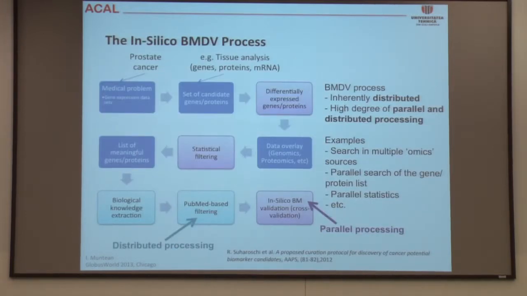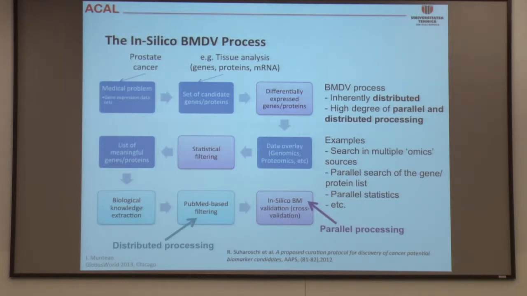This is what the in silico biomarker discovery and verification process looks like. At first you have a medical problem, and now the task is to find out which biomarkers are relevant for this particular medical problem. If we take the prostate cancer example, you usually conduct a tissue analysis, so you extract the genes, proteins, and microRNA in order to analyze them.